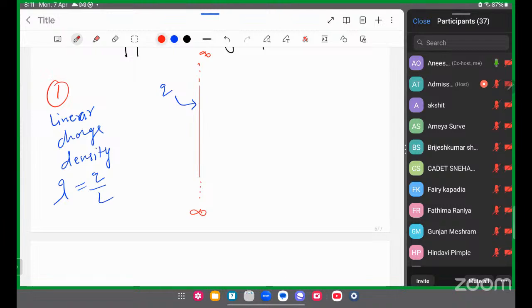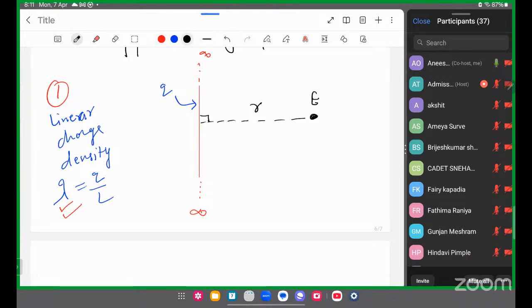Lambda will be given to us, and we want to know what will be the value of the electric field E at a distance R perpendicular to the wire. What will be the value of E at this point?